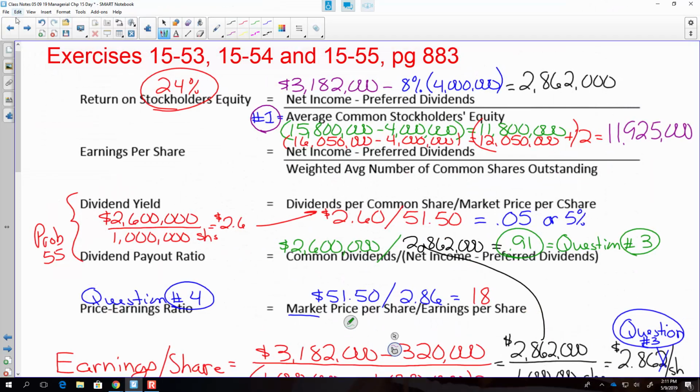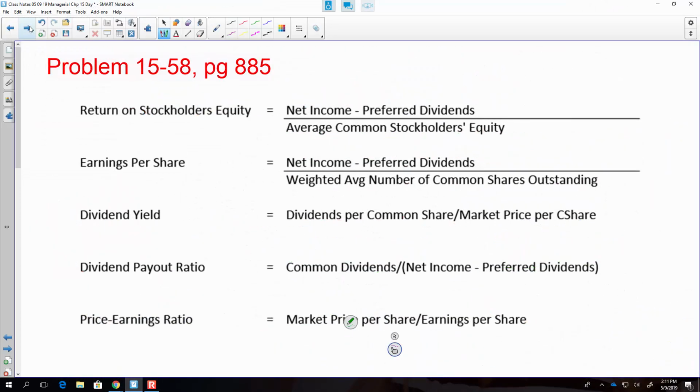Well, let's just look at our next one since we do have some time. It's 58. Not looking at anything really big here. I do have one thing that's not on here.